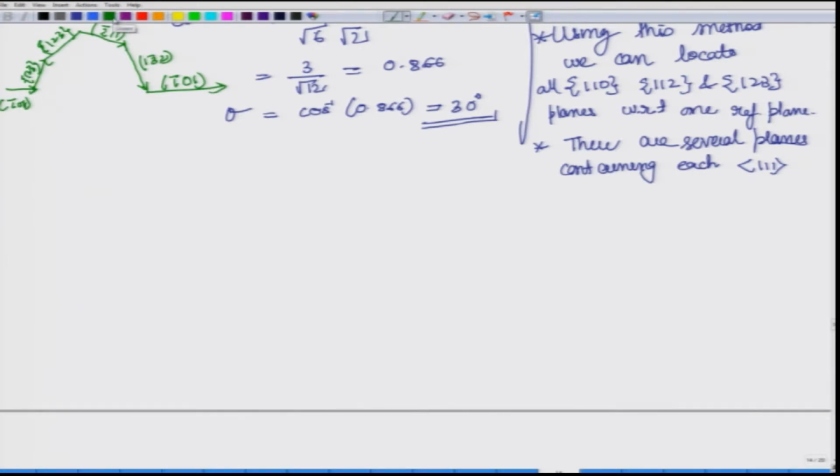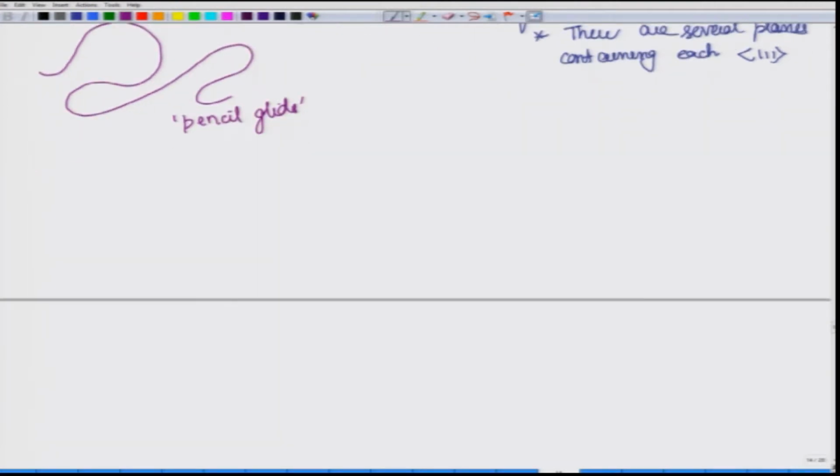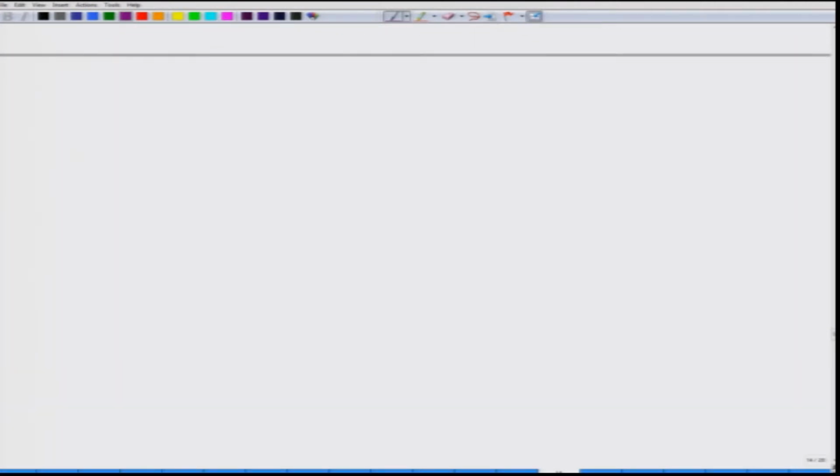You remember, this is what we called pencil glide. On the macro scale, it would look like this is moving in a very pencil or arbitrary direction, and we call this pencil glide. So, now looking at the zone axis, you would know why it is called a pencil glide. So, this is so far about the edge dislocation.